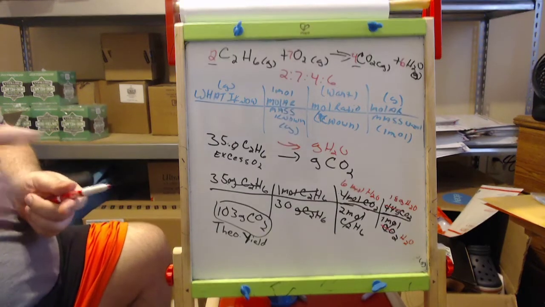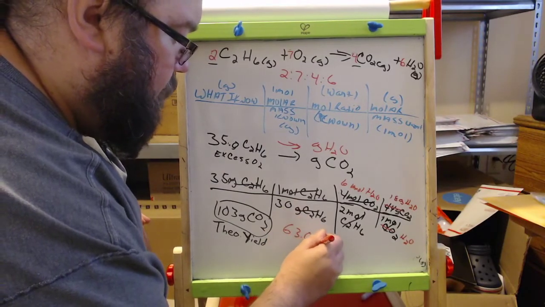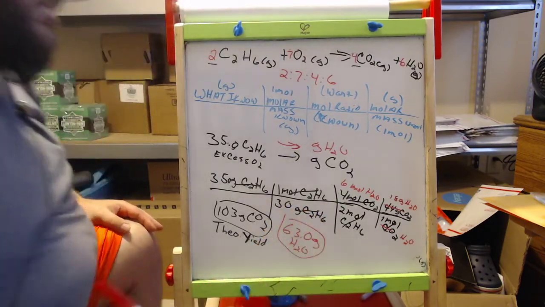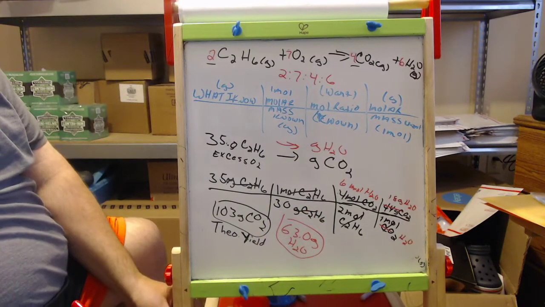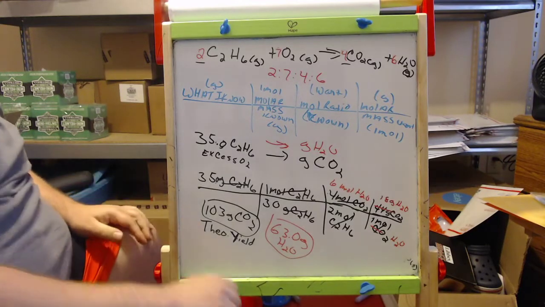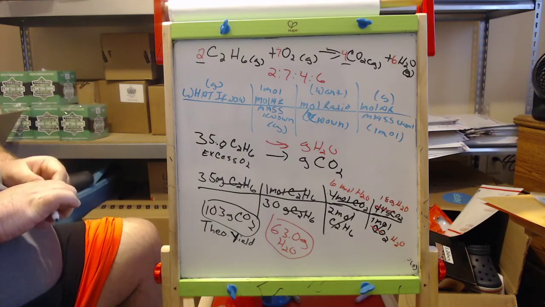I got 63. So 63.0 grams of water would be our theoretical yield for water. Now, what we do with our theoretical yield is we can compare it to what we got in lab. And we do something known as percent yield and percent error.